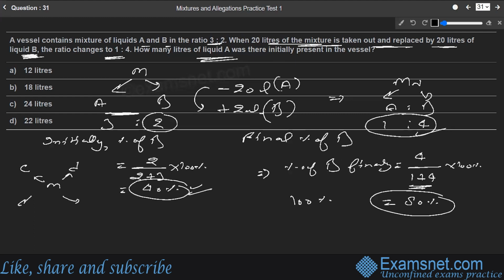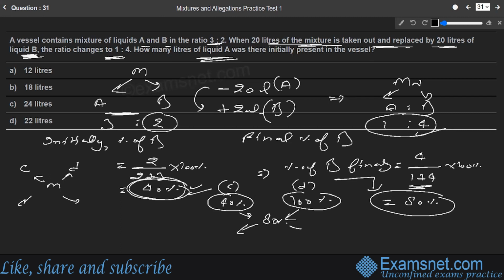The liquid A mixture into which this is being mixed has 40% of liquid B. So the cheaper part can be taken as 40%, and the dearer part as 100% of B. The final percentage of B in the composition is 80%, so 80% should be the final composition. 40% was the B quantity in the initial one, 100% is being mixed in because all of it is B, and the mean quantity becomes 80%. So we can find the ratio of them.